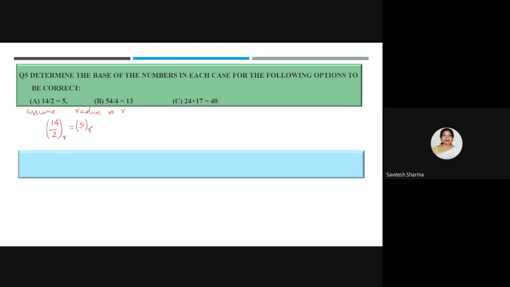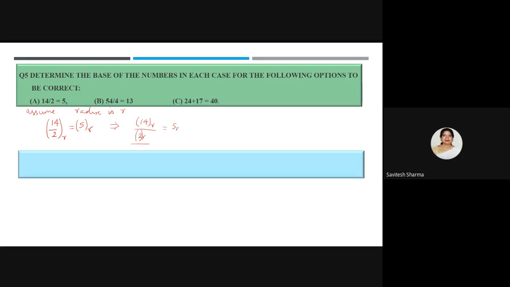As usual, I am very comfortable with the decimal number system. So I will equate both sides in the decimal number system. I will apply the conversion from radix R to decimal on the numerator and denominator separately.